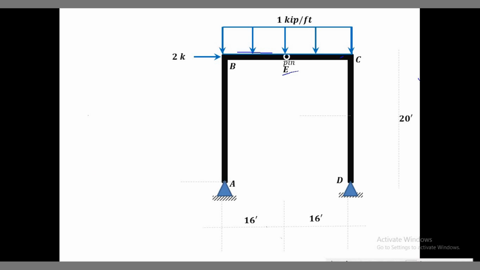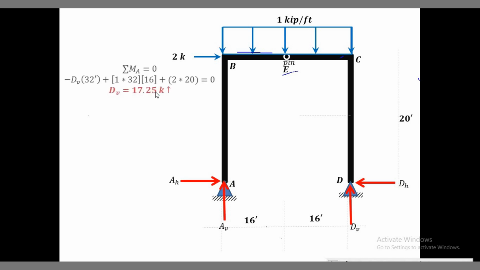So for this frame, again, an internal hinge is included para makakuha tayo ng values ng ating external reactions. So these are the external reactions. We have AH, AV, DH, and DV. So my DV is equal to 17.25 kips.